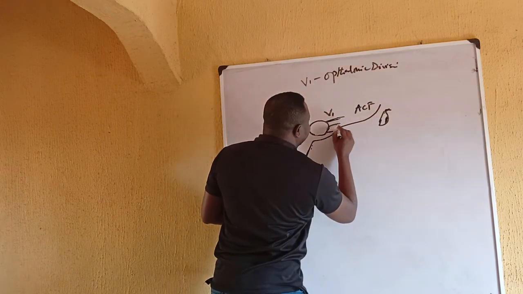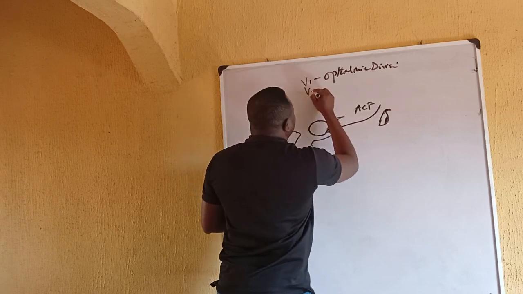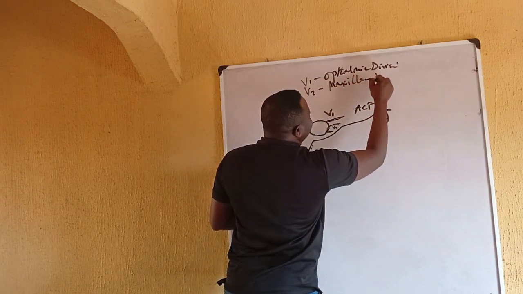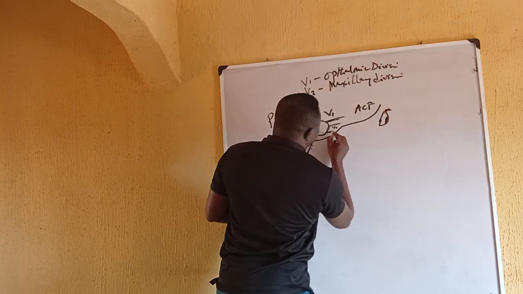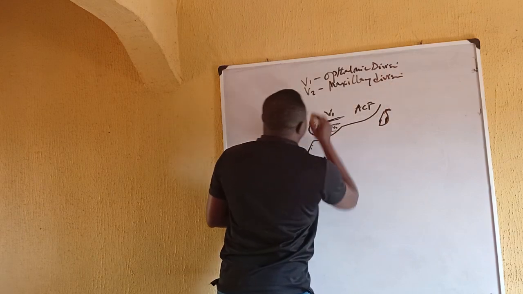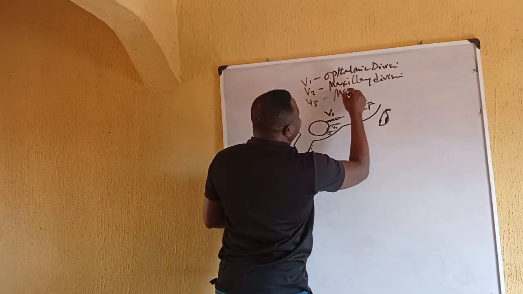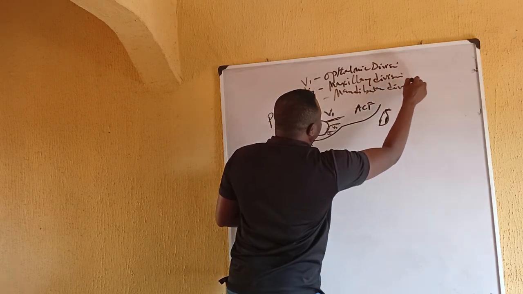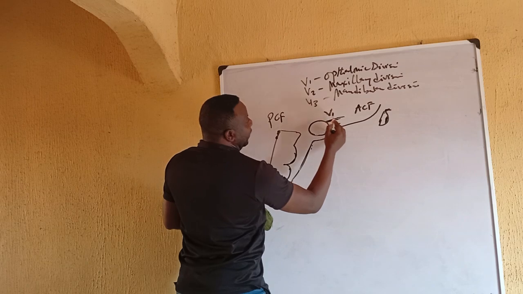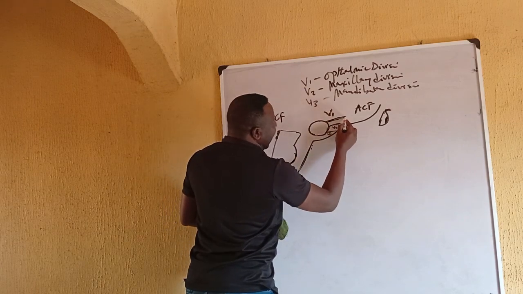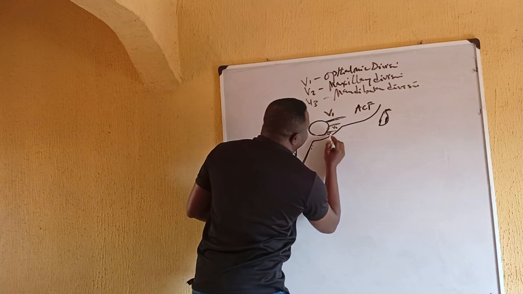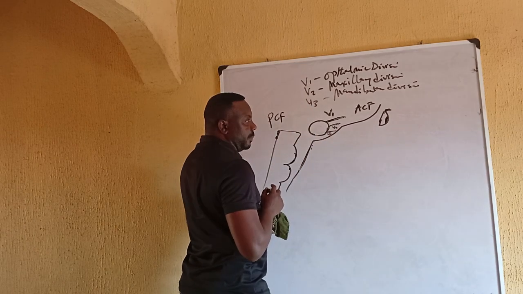And then this other one is V2, which is known as the maxillary division. And then this one is V3. V3 is known as the mandibular division. So, V1 is known as the ophthalmic nerve, V2 is known as the maxillary nerve, and V3 is known as the mandibular nerve.